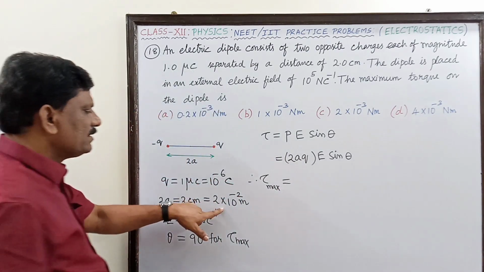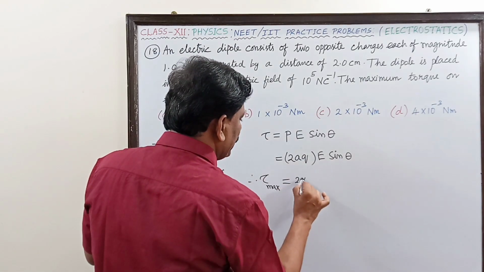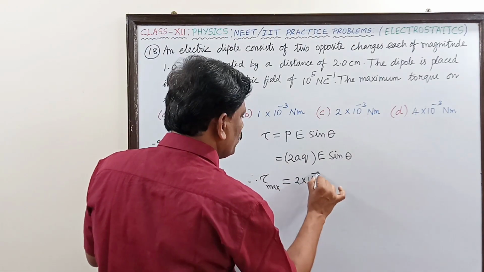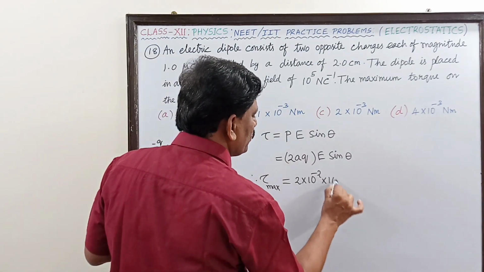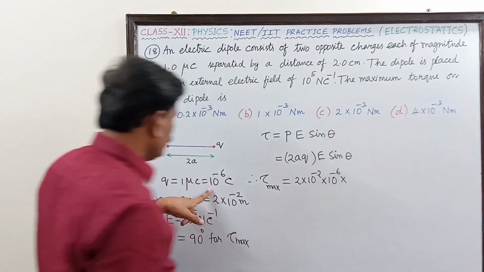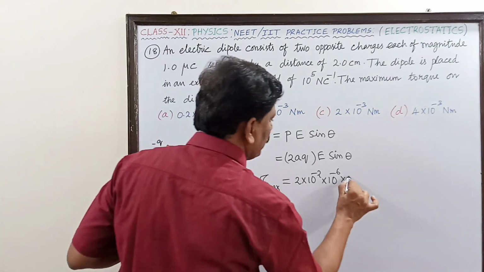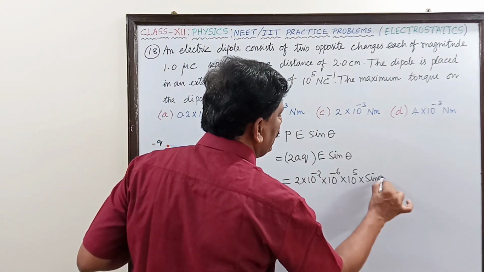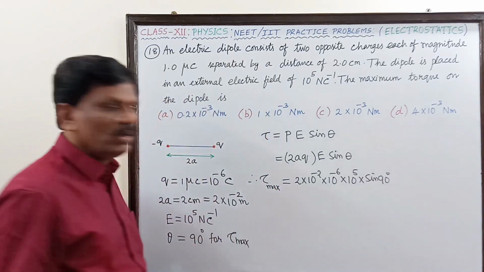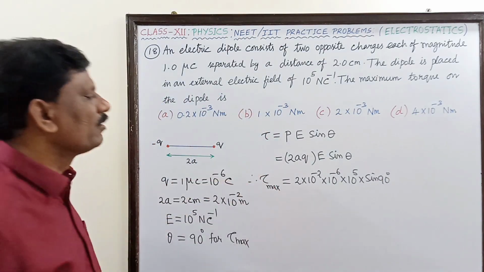So 2a is 2 into 10 to the power of minus 2 meter, into Q which is 10 power minus 6 coulomb, into E which is 10 power 5, into sin 90 which is equal to 1. So very simple calculation.